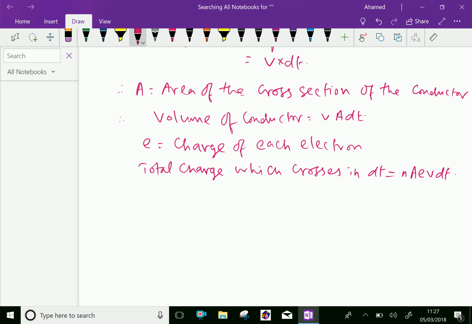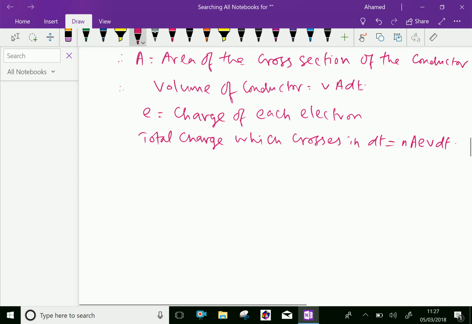This is the total charge which crosses the cross section of the conductor in time dt.